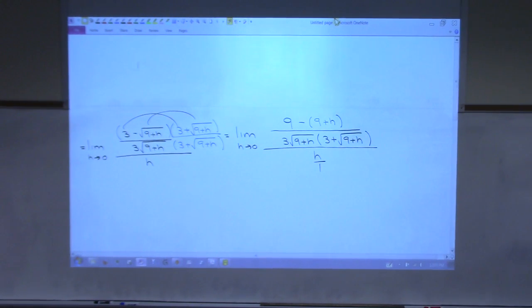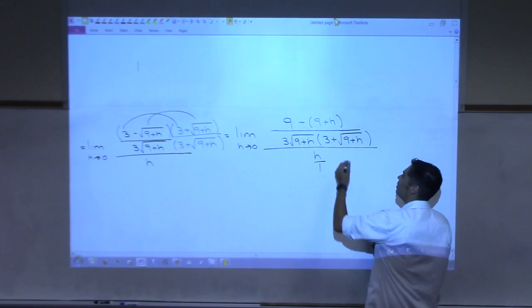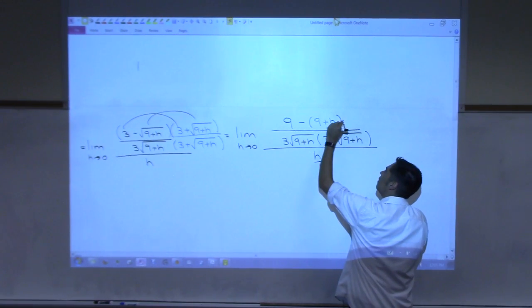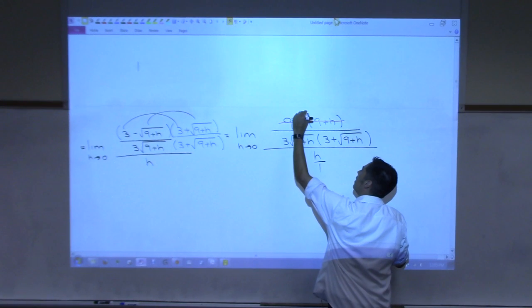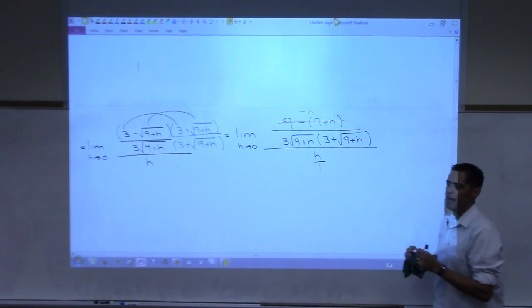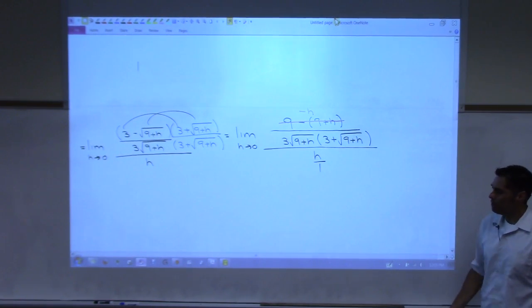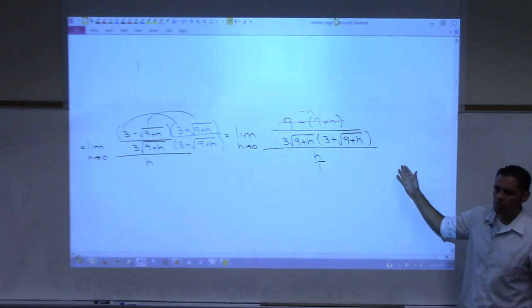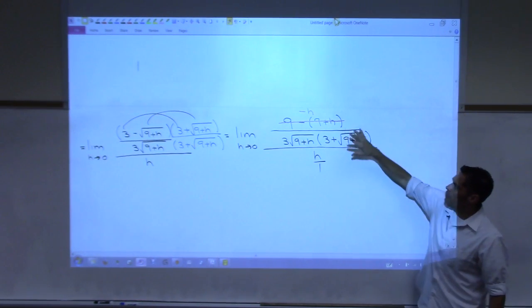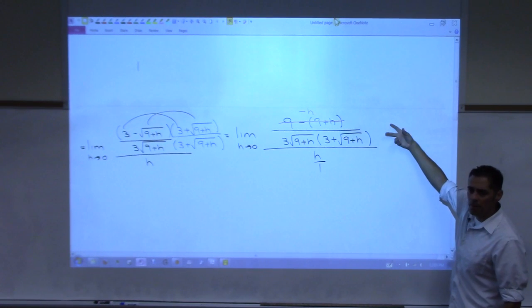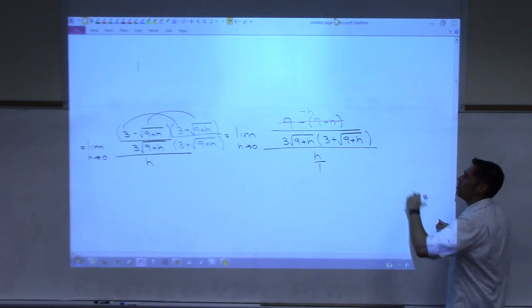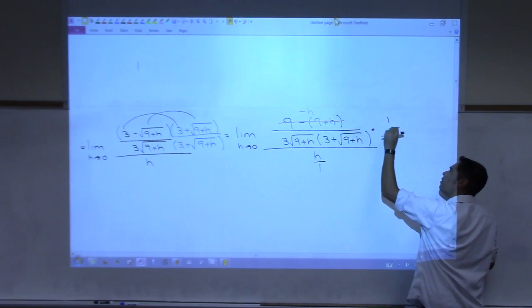All right, what does the numerator turn into? Negative h, right? This whole thing up here is really just a negative h, right? That's what that is. 9 minus 9 minus h. And then when I have a fraction divided by a fraction, I can flip this one up, can't I? And this would become times 1 over h.